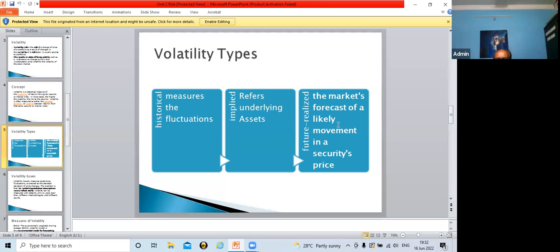Now some people who are trading in, say, the stock market, they always observe the market. And how do they observe the market? They read newspapers, they also read some magazines, they search for information through the Google search engine, and with this they collect a lot of data.